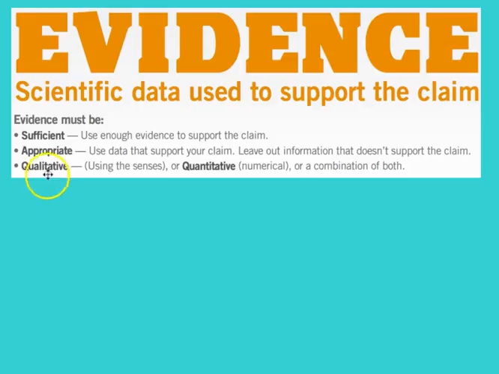Now first let me just give you a little bit on the appropriateness of your data, where it says leave out information that doesn't support the claim. Some of you have included a lot of information that doesn't necessarily support the claim, but it actually helps your claim. So for example, when you look through the evidence, you know that liquids 2 and 4 are the same because they have the same density, color, and melting point. But when you looked at some of the other ones, such as liquid 5, it has some common characteristics.